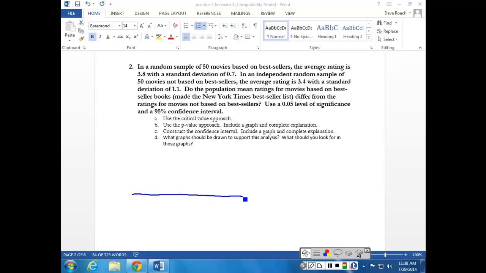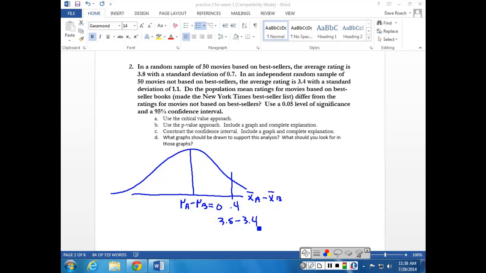To draw this out, it's x bar A minus x bar B, our curve here. The center of that, mu A minus mu B, is equal to 0. The difference that we observed was 0.4, 3.8 minus 3.4, x bar A minus x bar B. So we really just can plot one number, the difference.